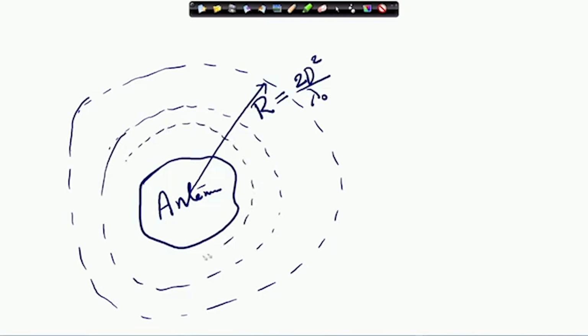I will draw like this, with another color.